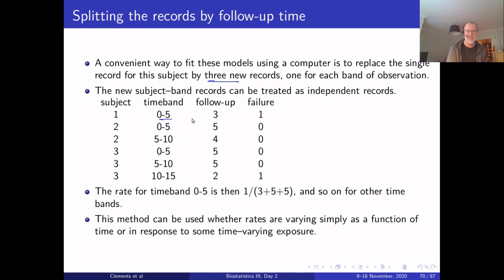They were in 0 to 5, had 3 person years and one failure. The second subject gave 5 person years to the first interval, 4 person years to the second interval, and no events. The third subject, 5 person years for the first interval, 5 for the second, 2 for the third, and 1 event at the end.